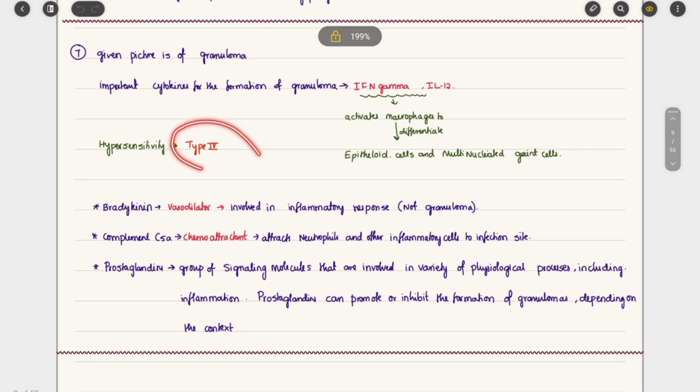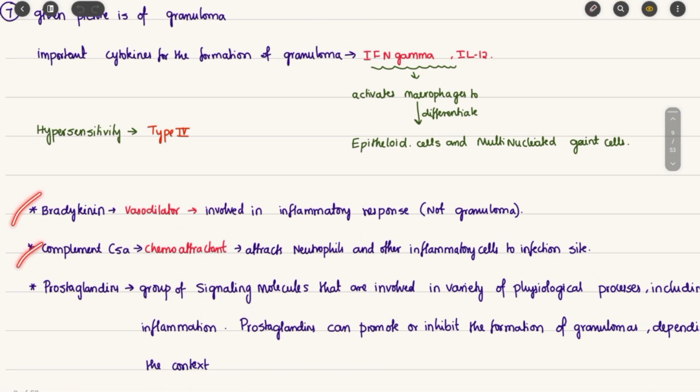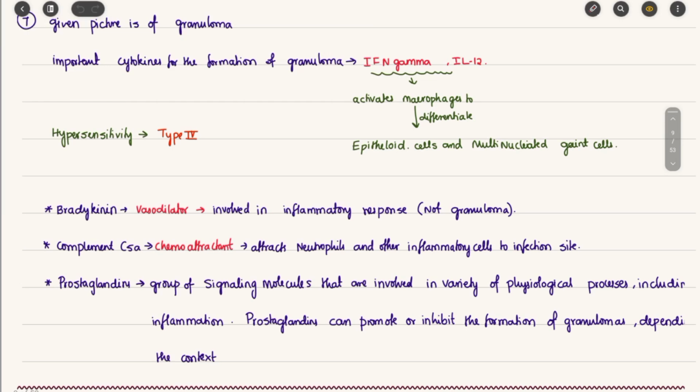What type of hypersensitivity is seen in the granuloma? That is delayed type, that is type 4. Other options, the bradykinin is a vasodilator which is involved in the inflammatory response, not in the granuloma. Whereas complement C5a is a chemoattractant which attracts the neutrophils and other inflammatory cells to the infection site. Okay.